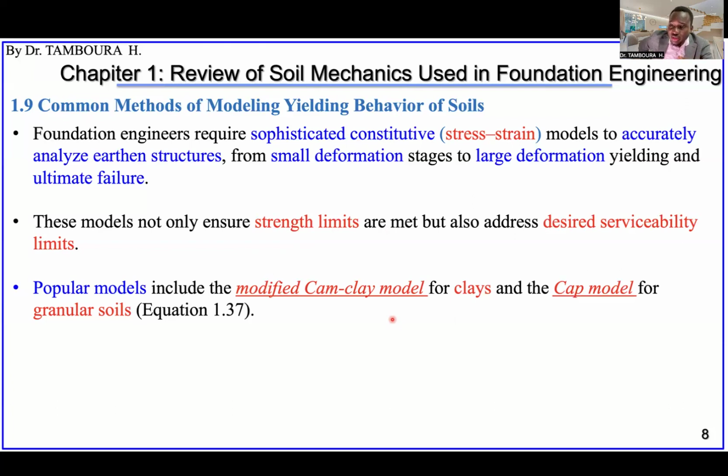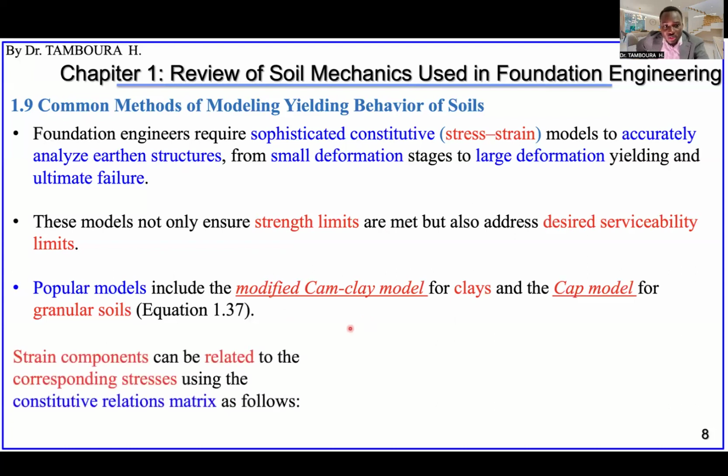So, the stress-strain relationship of the soil. In this video, we will start with this model first, and maybe the next video also, but the following video will be about the other model. Okay, modified Cam clay model.